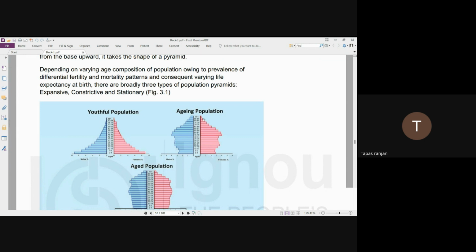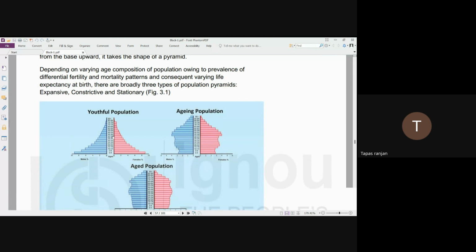Inclined top basically means the old age population is very low as compared to this. These kinds of structures are seen in those countries where the birth rate was very high, and then recently the government has taken initiative to reduce the birth rate. That's why these kinds of structures can be found.